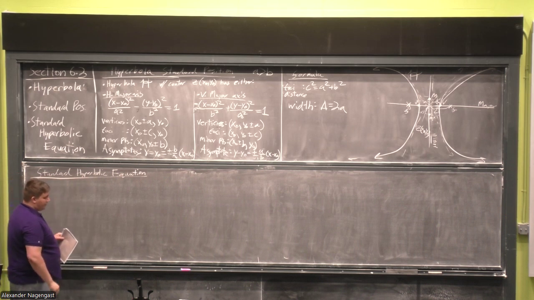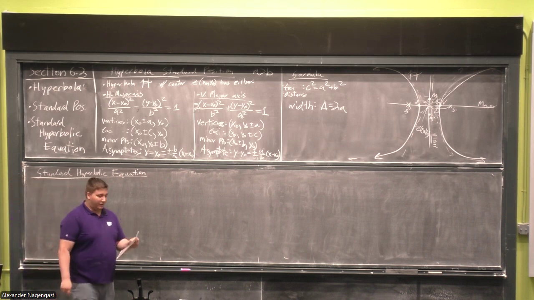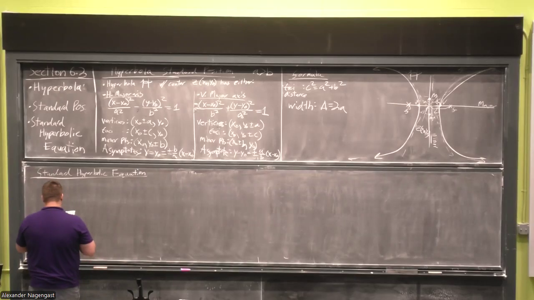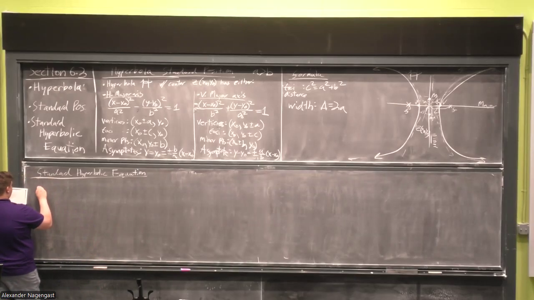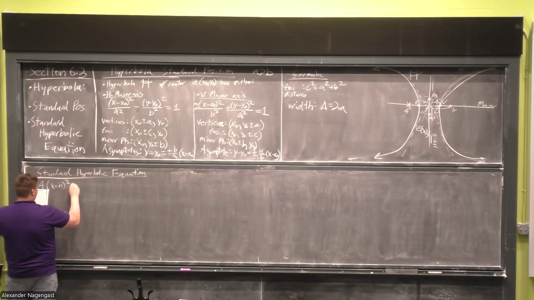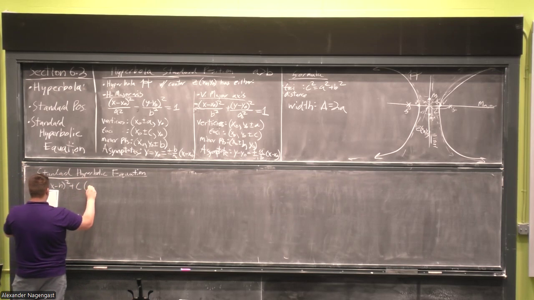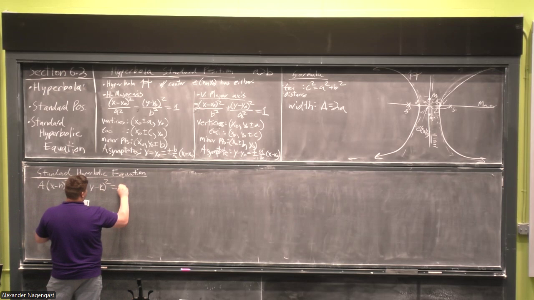And it's going to look very similar to when we did the standard elliptic equation. All we're going to have is a times x minus h squared plus c times y minus k squared equals m.